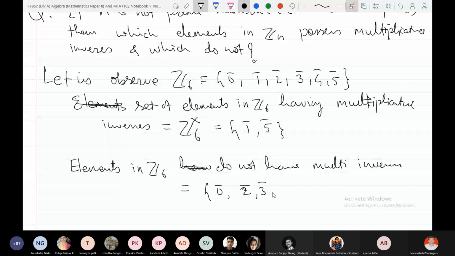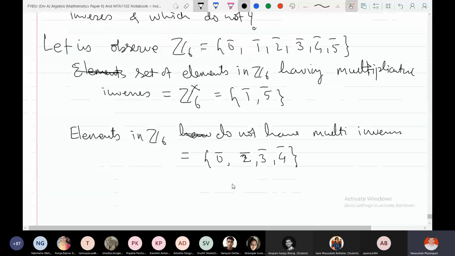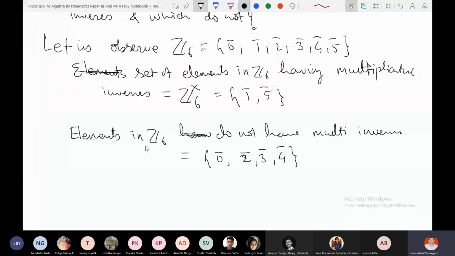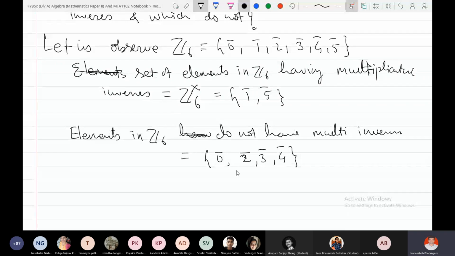These are the elements that do not have multiplicative inverses. 0 is not the problem because we are not worried about 0. 0 is a very exceptional case. Now you observe these two sets. I have separated Z6 into two parts: Z6 cross, and the elements that do not have multiplicative inverses. Now, can you observe this and can you make a conjecture? Conjecture means can you make a general statement?